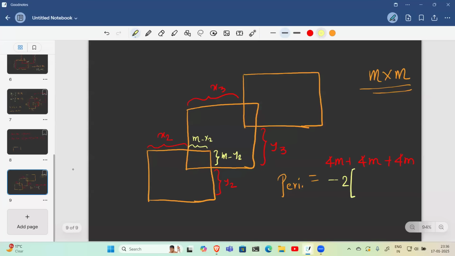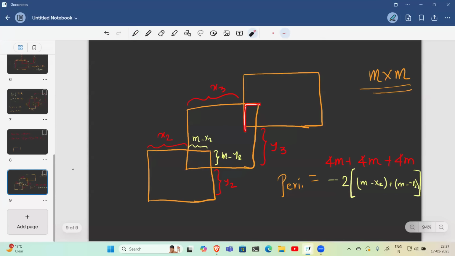So this is 4m plus 4m plus 4m, the perimeter of all three squares, minus 2 times ((m minus x2) plus (m minus y2)). That removes the perimeter of this rectangle, which we had counted extra, because for this length we have this part and this part, and for this length we have this part and this part.